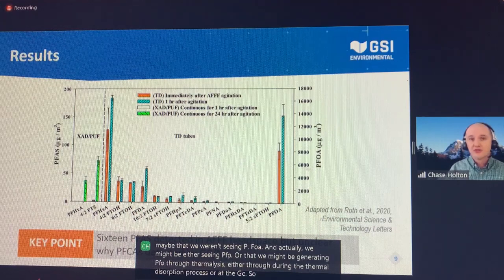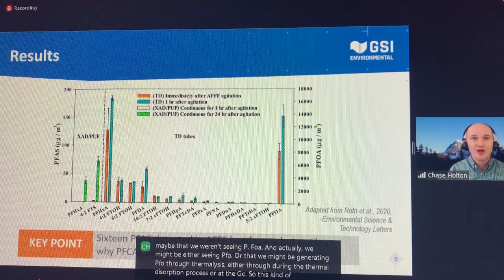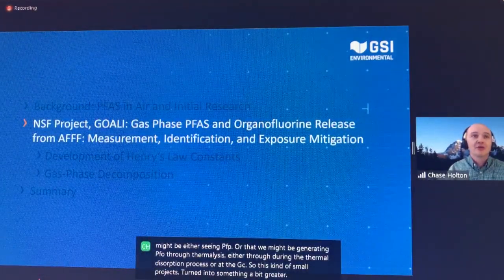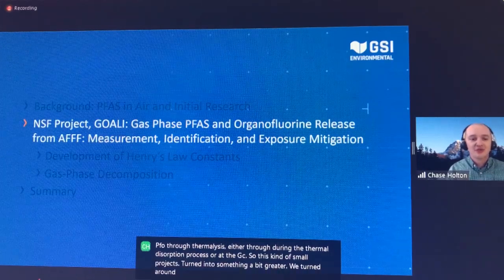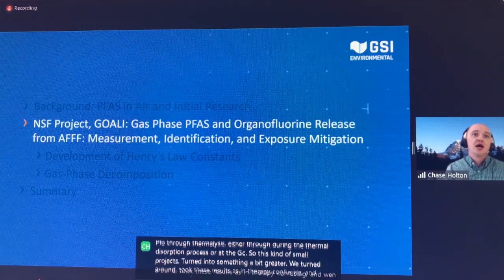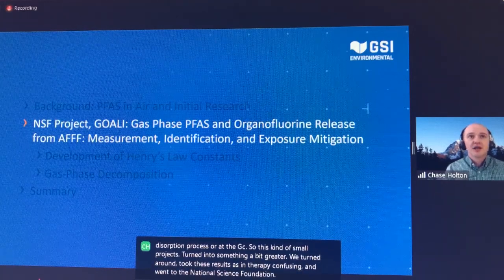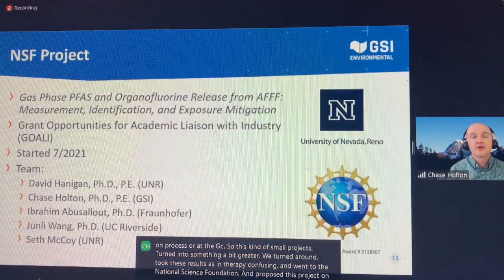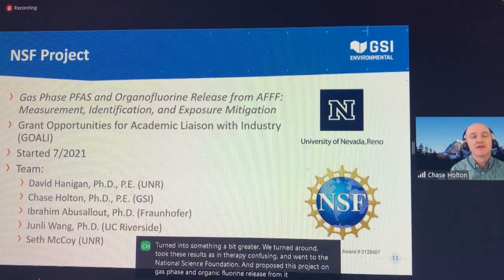So this small project turned into something a bit greater. We took these results, since they were a bit confusing, and went to the National Science Foundation and proposed this project on gas phase and organofluorine release from AFFF.